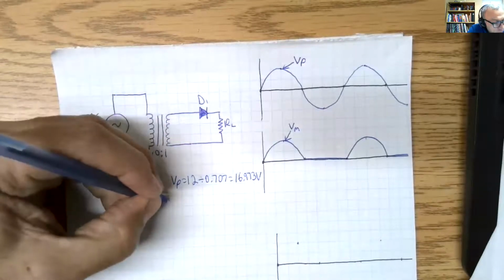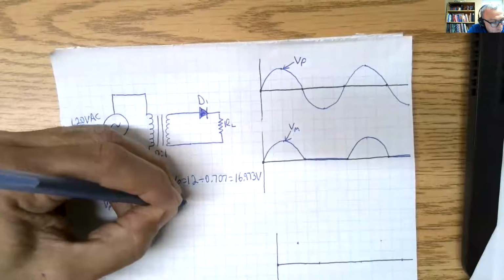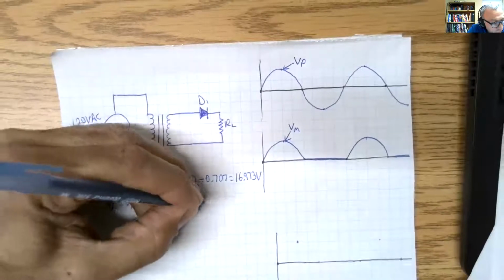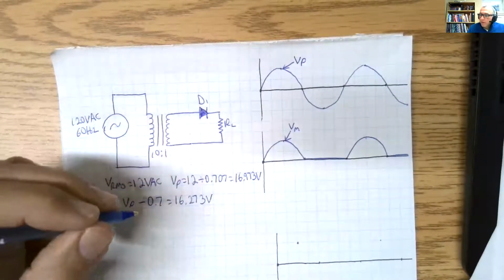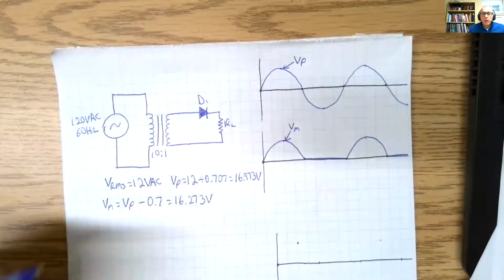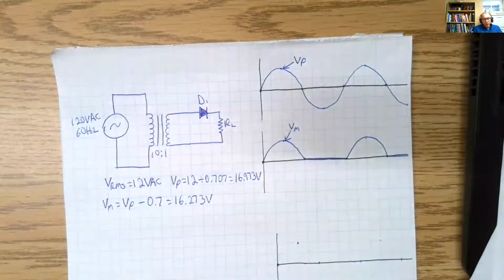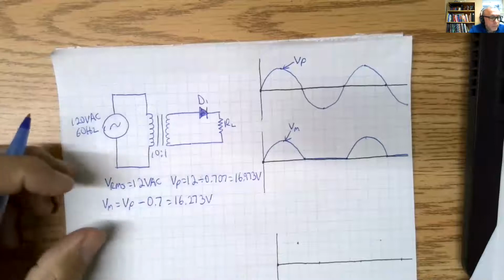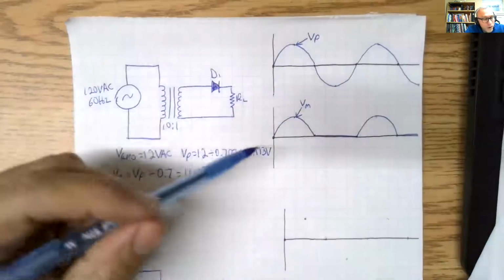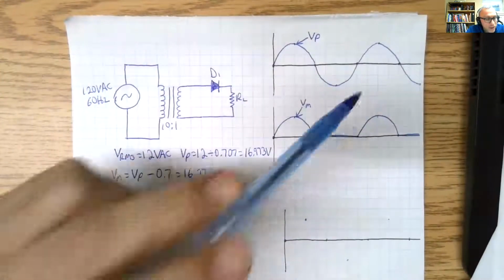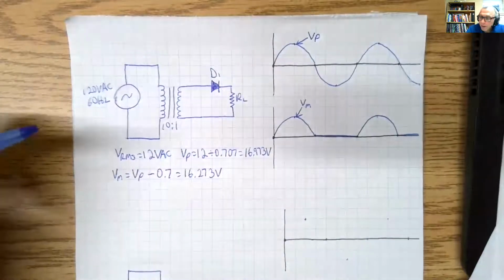So what we have here is now 16.273 volts. So that's what we have for our max. We can get into a little more complicated than this because of the negative half cycle, but we're just going to keep it like this for now.